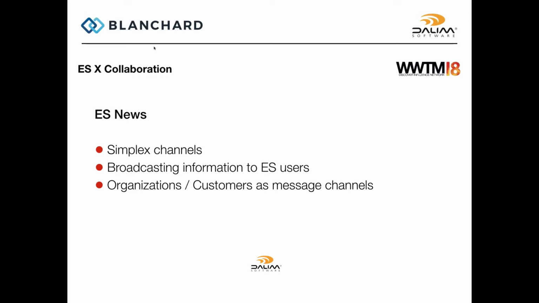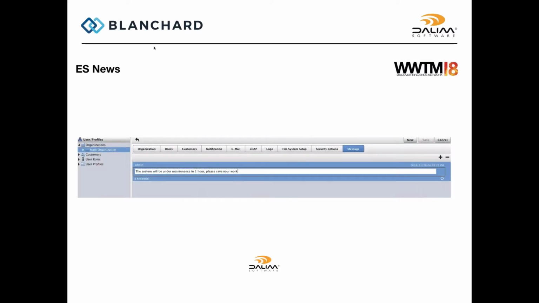So they want to add a few different communication channels to ES. One is going to be ES News, so it's a simple channel that broadcasts information to ES users. So basically you'll be able to have a panel where you say, send this message out. So system's under maintenance, it's going to go down in an hour or whatever, and you can set who that's going to.